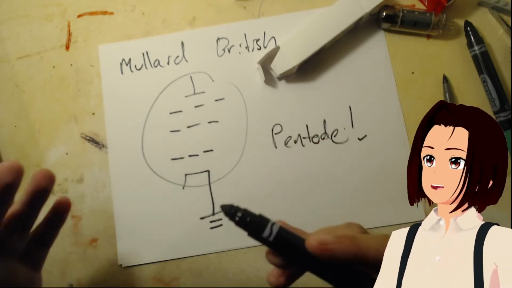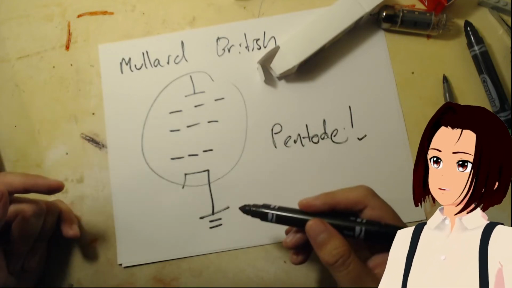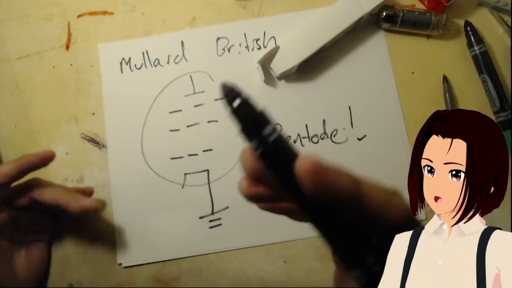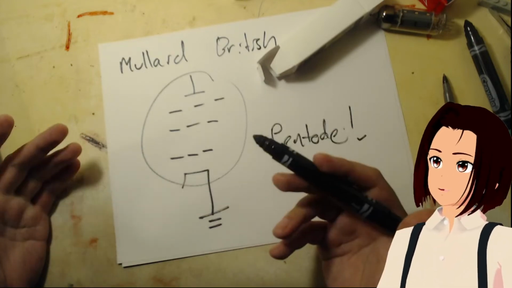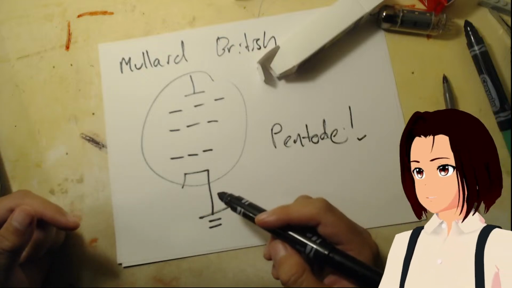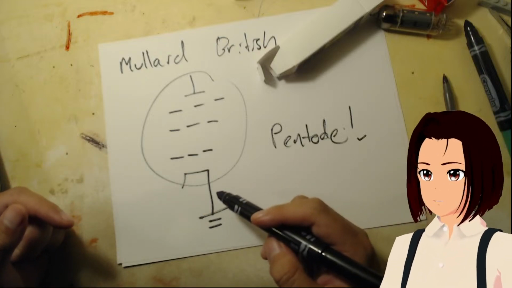Why didn't anyone think of that before? I mean, the guy who made the tetrode just added another grid and brute forced it. What happened to brute forcing? All right, that's it. I'm done.